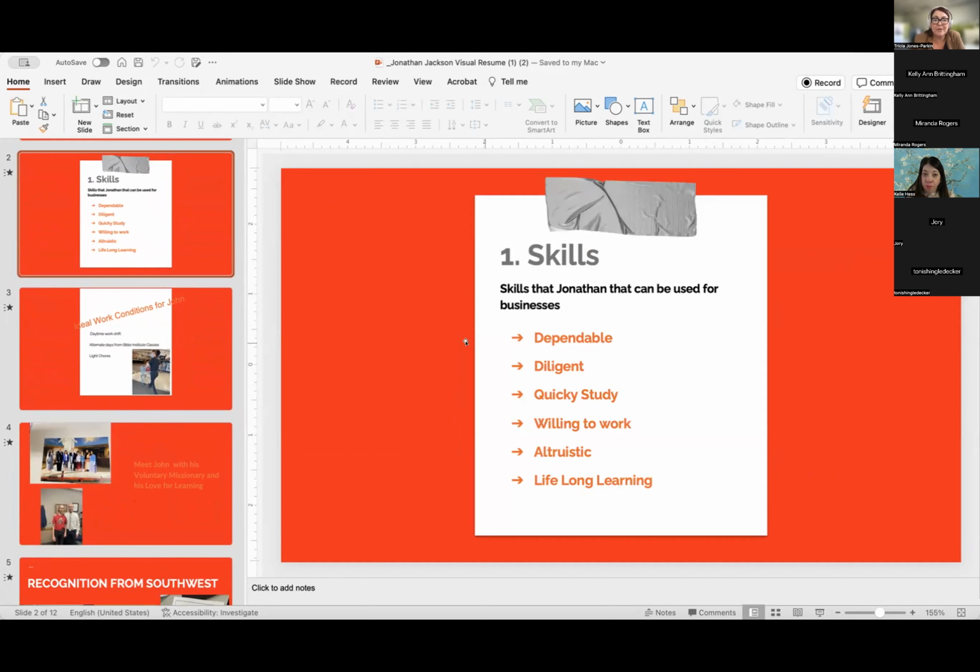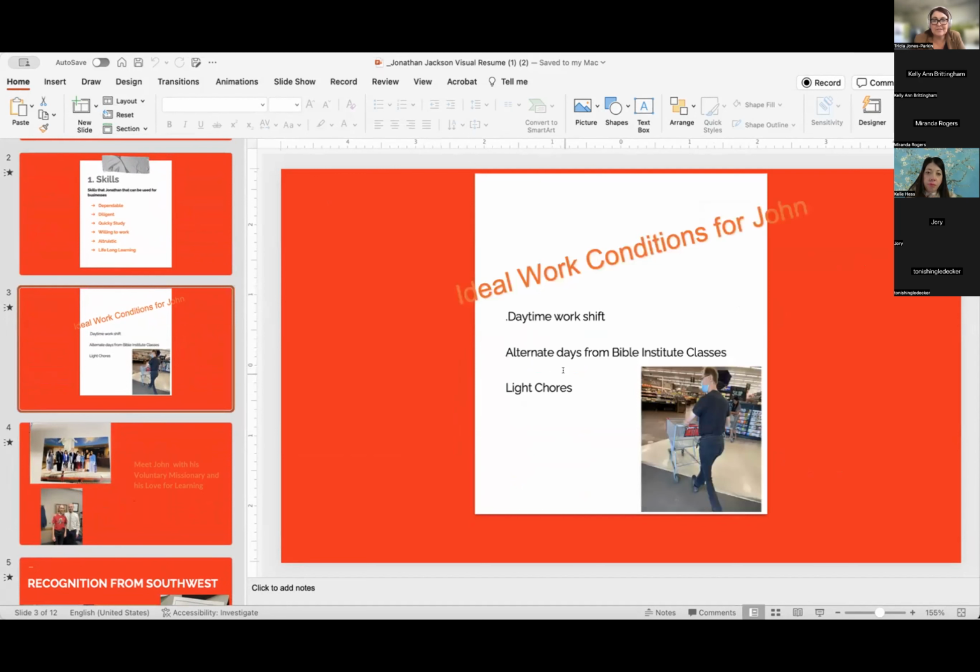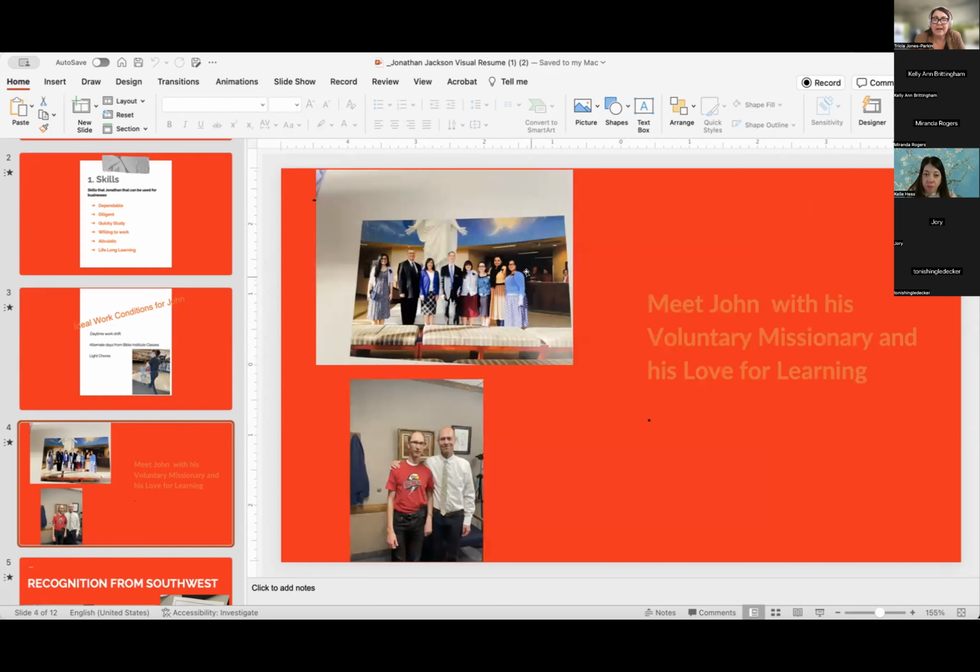So his skills were dependable, diligent, quick study, willing to work. His ideal conditions. So this was him. He wanted to work during the day. He was really committed to his religion and Bible Institute class. That was something that was important to him.